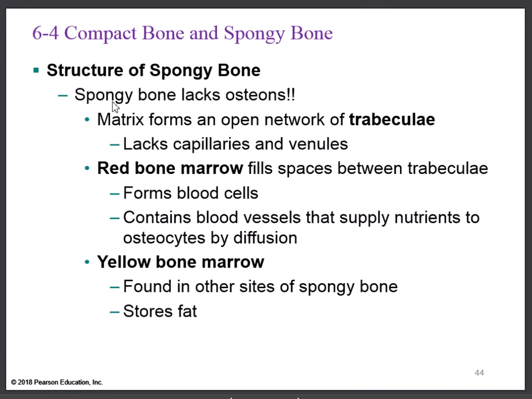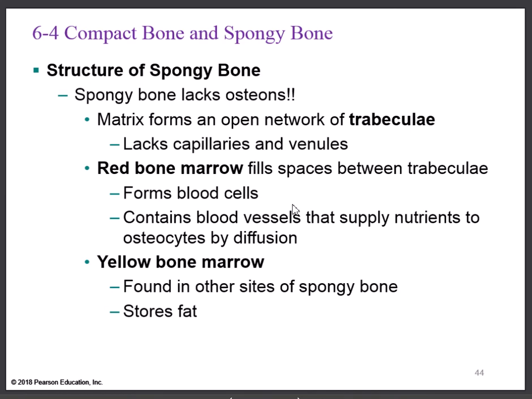Okay, so spongy bone lacks osteons, again, know that the little struts of bone that form the spongy bone are called trabeculae. And we just said this a second ago, the spaces that surround the trabeculae are filled with red bone marrow. What's the function of bone marrow? It's basically forming all of our blood cells, right?